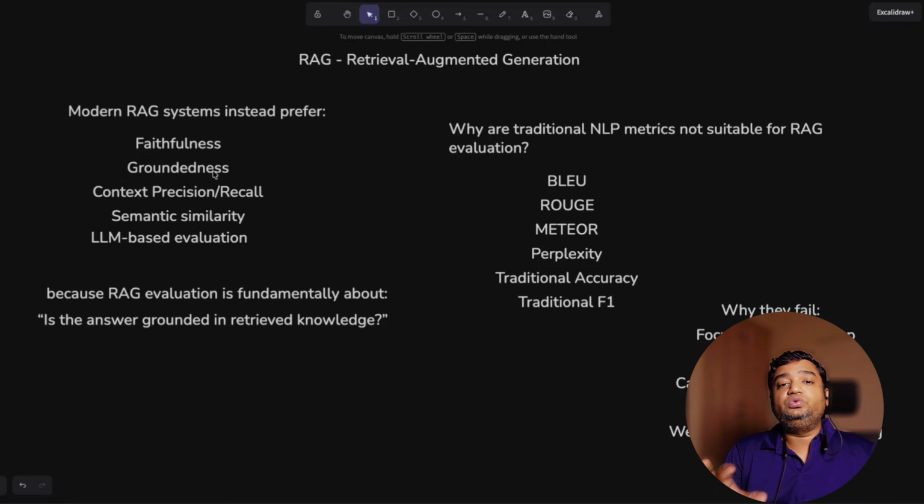The LLM should not use any external knowledge or any of its own intelligence, or hallucinate in giving the answer. So the final response from the RAG system should be a subset of your retrieved information from your vector database. In that case, we say that your RAG system is grounded. Means it's grounded.